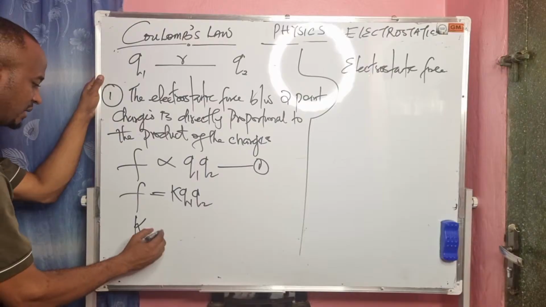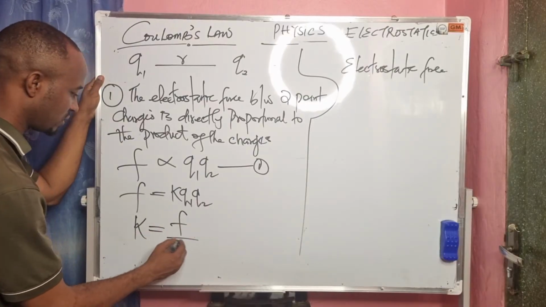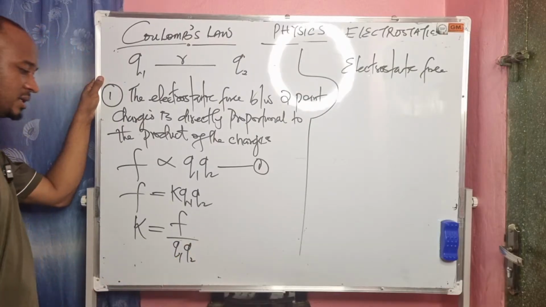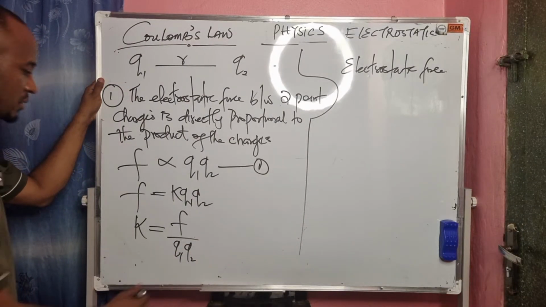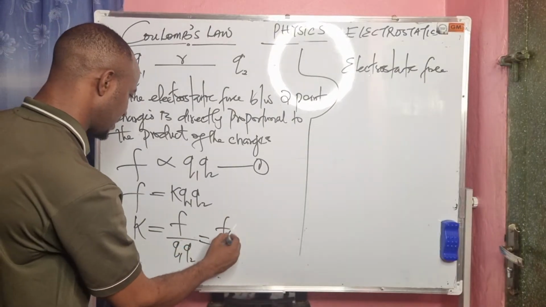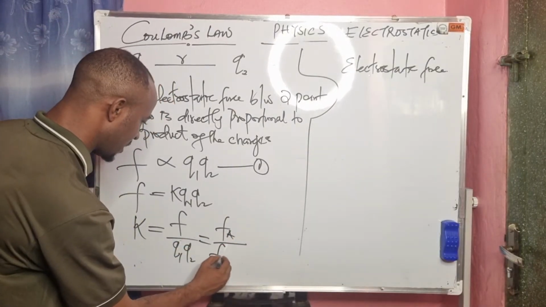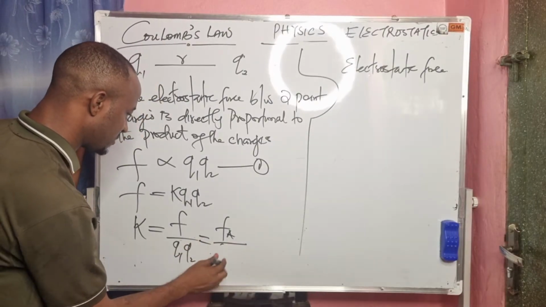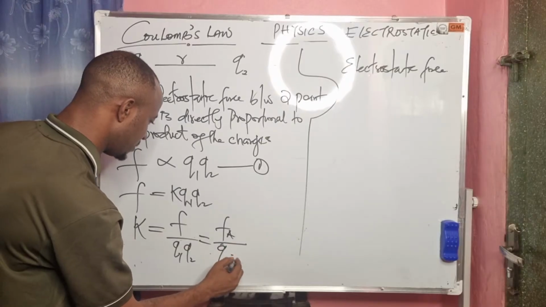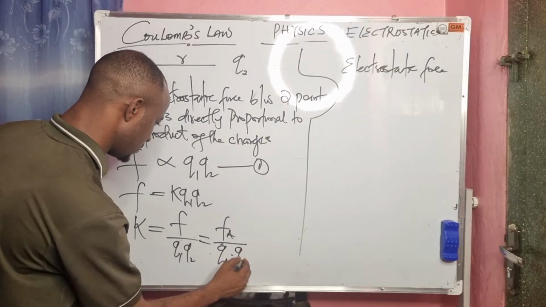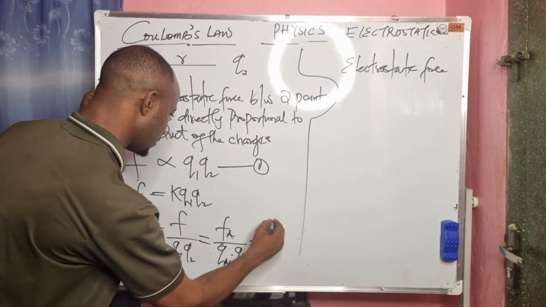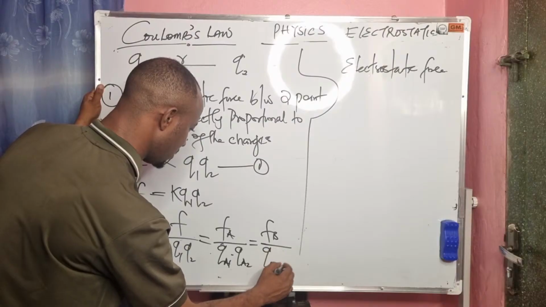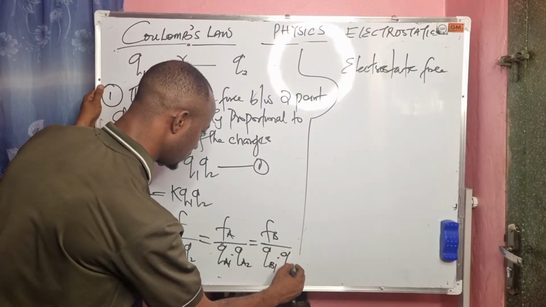That means from here, our K becomes force over Q1 Q2, which I can also say is same as F_A over Q_A1 Q_A2 equals F_B over Q_B1 Q_B2.